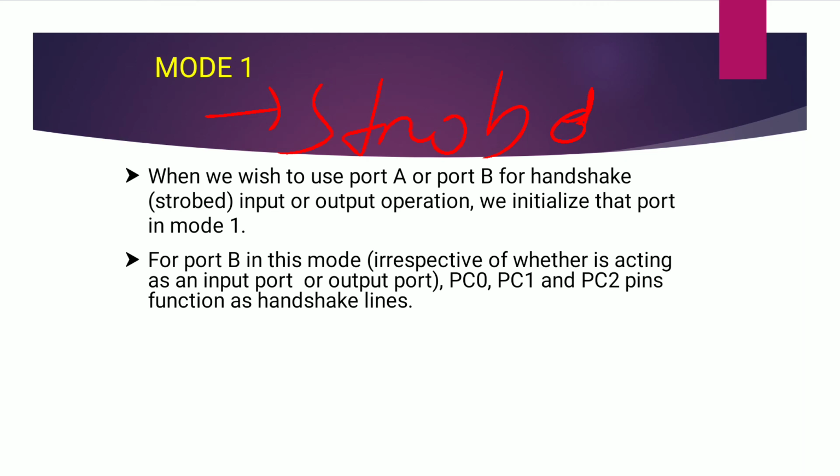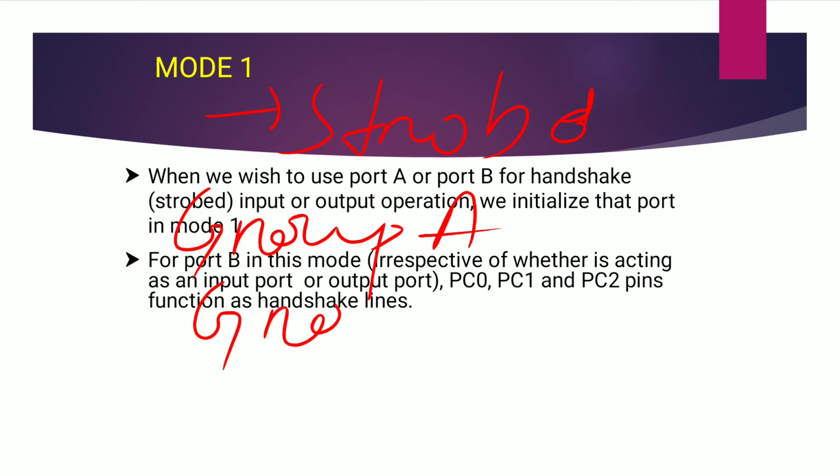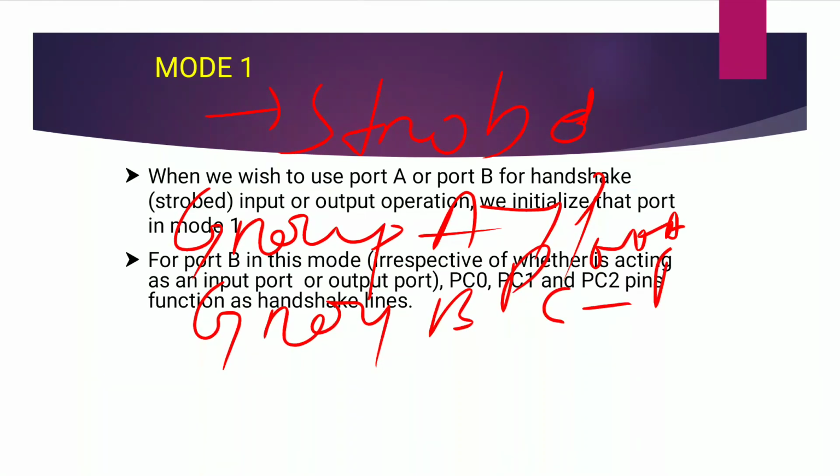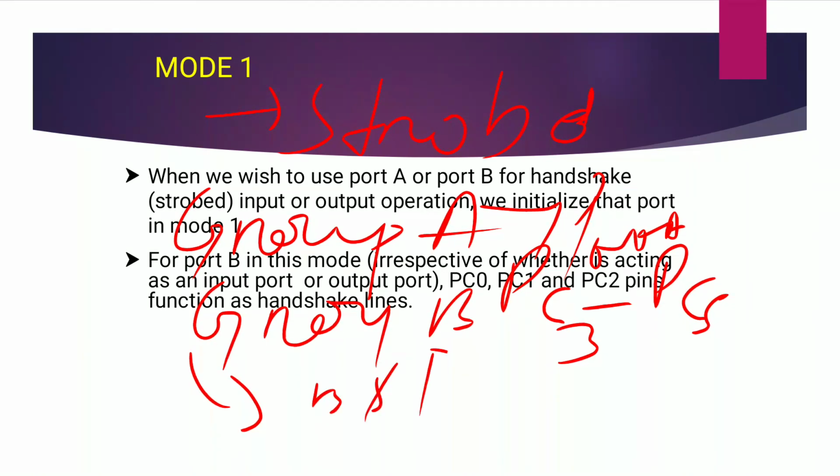In mode 1, the total port is divided into two groups, that is group A and group B. Group A includes port A and PC3 to PC5, and group B includes port B and PC0 to PC2.